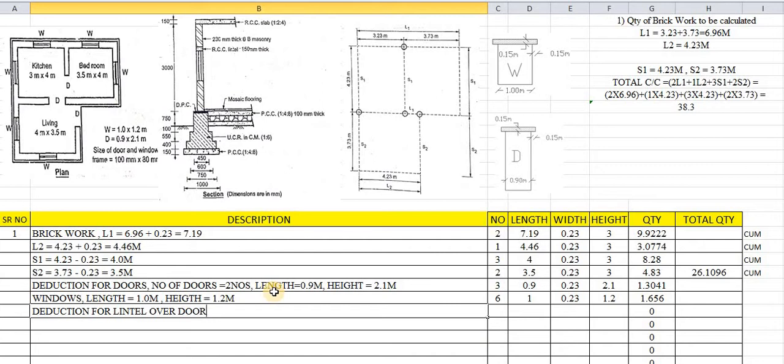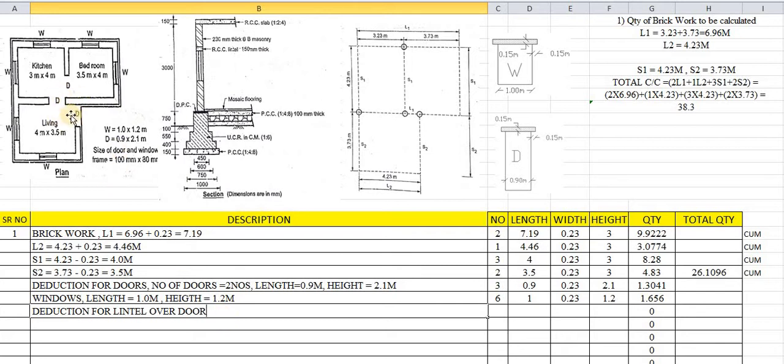Here in the section line, only the window opening and lintel have been provided, but in the actual case lintels will be provided over doors and windows also. The number of lintels will equal the number of doors and windows. So first we will deduct for doors, next we will find out for windows.